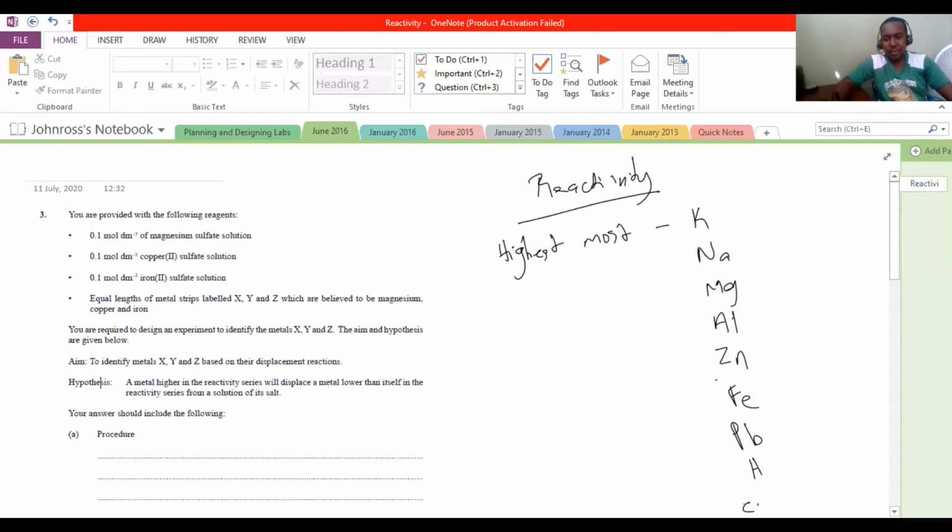So we have the metal magnesium, and we have copper and iron. We have iron here, and then we have copper down here. So what do we know about arranging these metals in this specific order? Anyone? What's the importance of arranging them like this? They are less reactive as you go down the series.